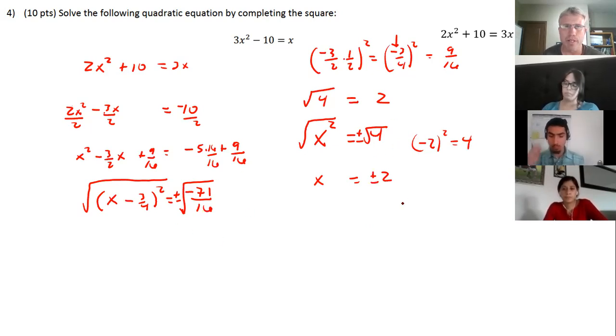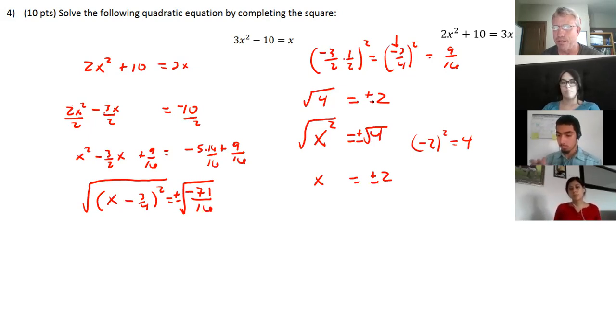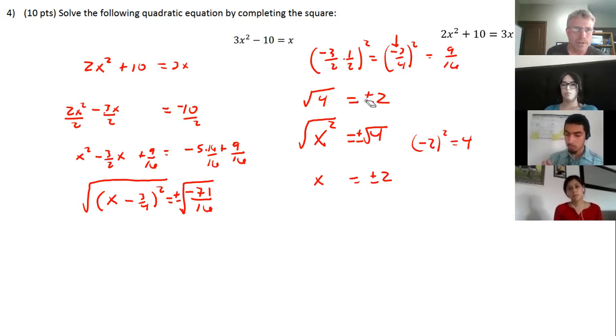So when we're solving an equation, and I only bring this up because sometimes I see people working through and they're not in an equation, and I'll see people throw a plus or minus on. And so there's this misunderstanding that just because you took a square root of a number, you need to put a plus or minus, and that's not the case. So the square root cancels the squaring.